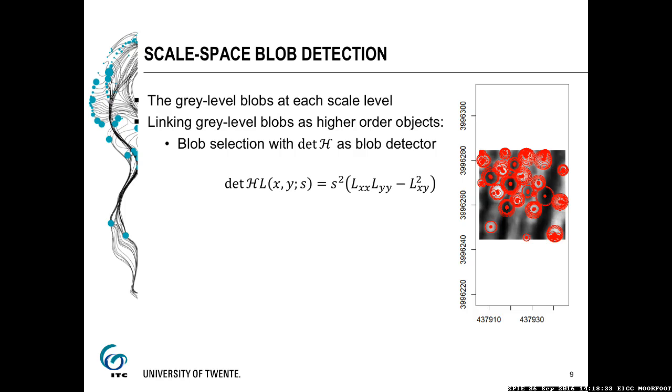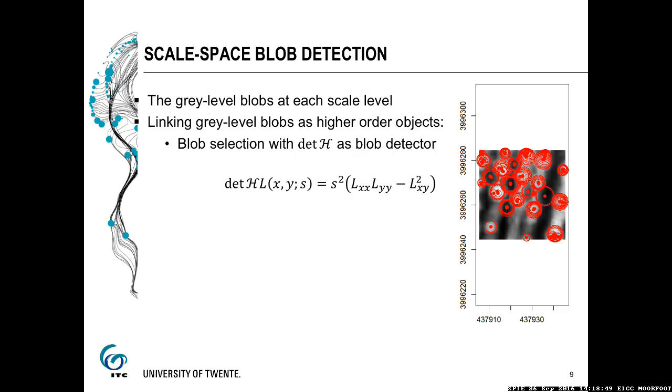As you can see in this image, we have the gray level blobs at different scales, from 0 to any scale, from the finer scale to the coarser scale.